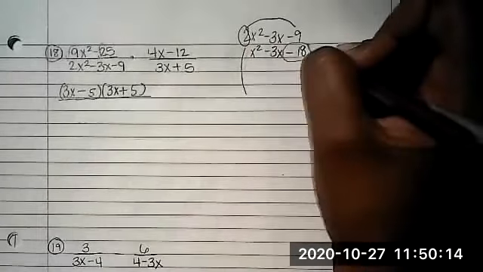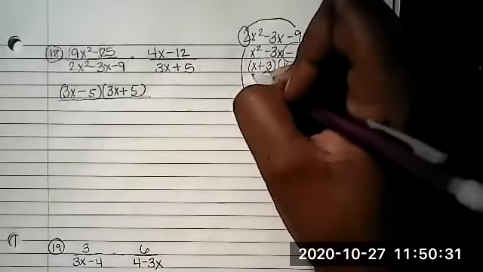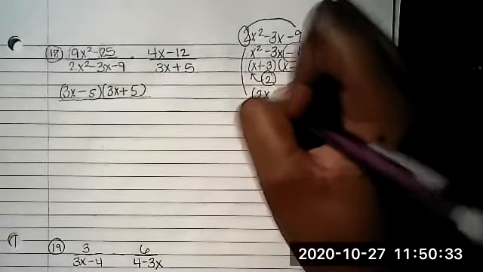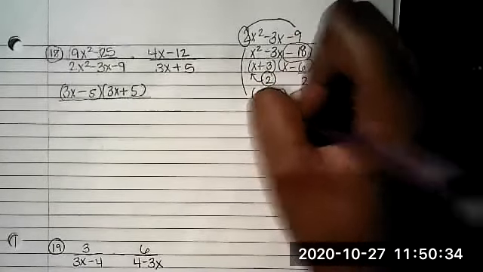Multiples of 18 that subtract to get you 3: 6 and 3. So 6 is negative and 3 is positive. Don't forget to divide by that number 2. Okay, this goes here. This becomes 2x plus 3. You can simplify 6 and 2, 6 divided by 2, and that becomes 3. So this is your answer there.